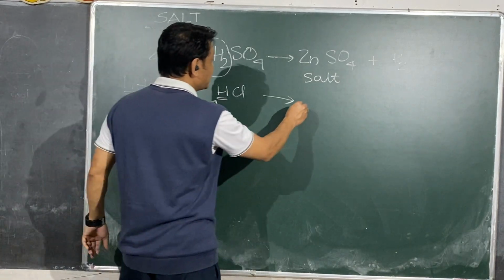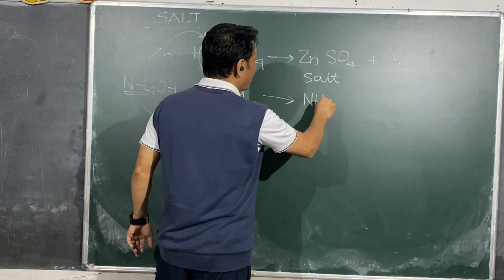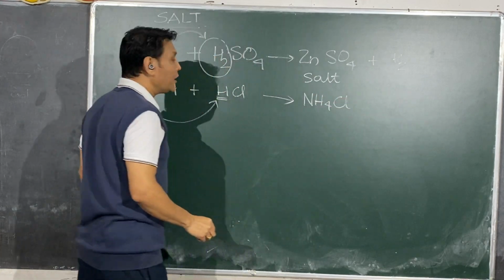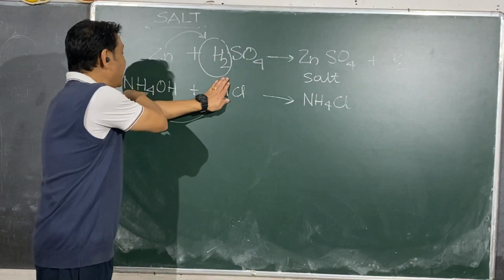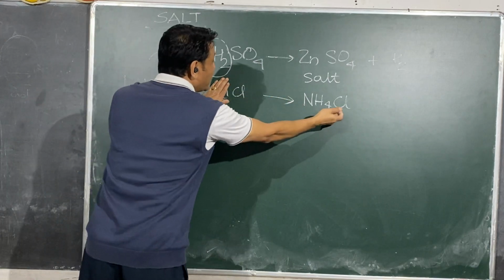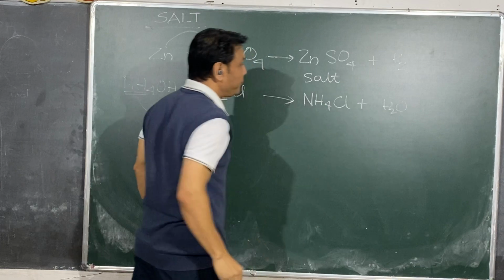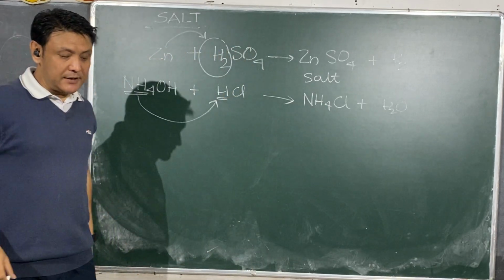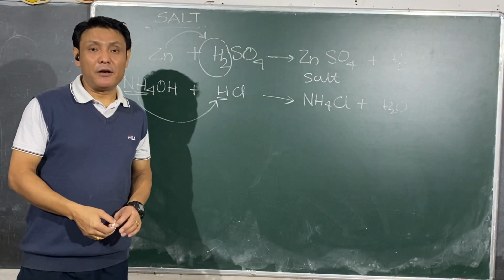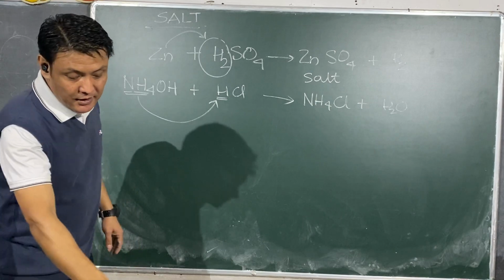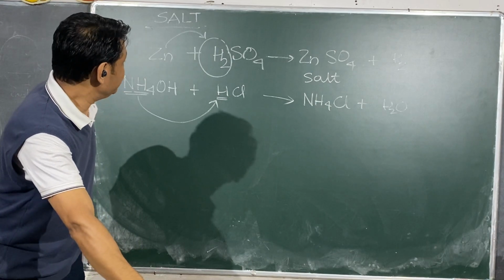Then it becomes NH4Cl, ammonium chloride. The hydrogen is replaced by ammonium and becomes ammonium chloride. And of course, this is an example. This is how salt is formed.